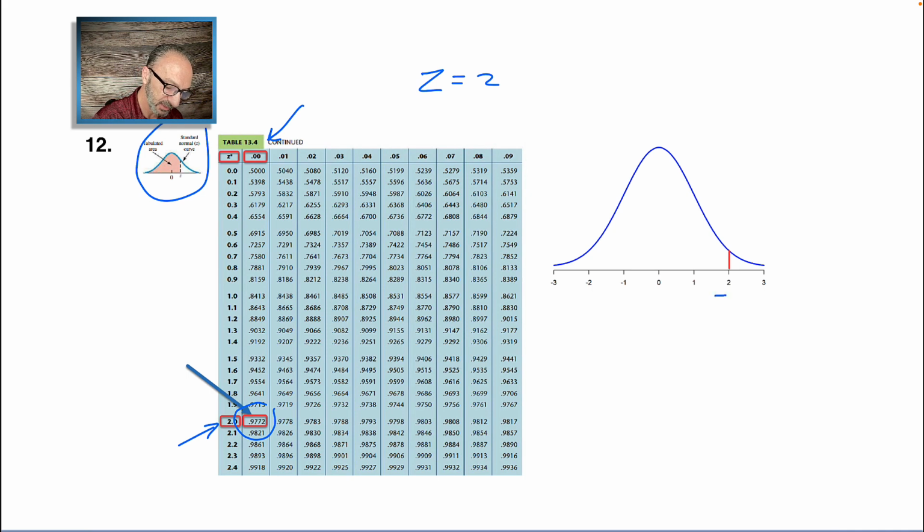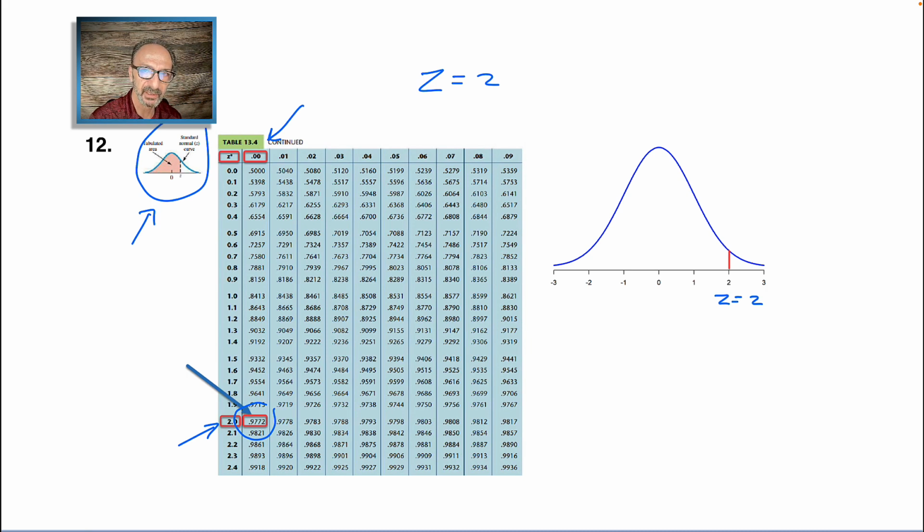So that is z equals 2. And the data in the table, as this shows, is the area to the left. And the total area is 1. So we consider that as a percent.